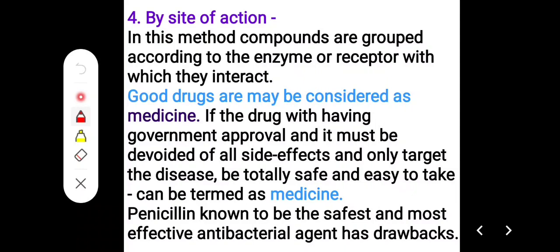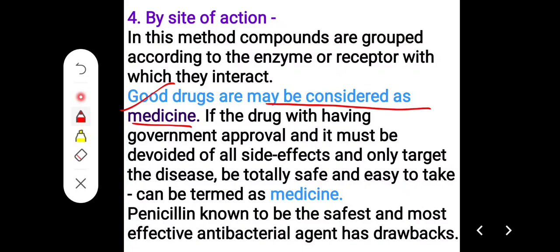Okay. Now good drugs may be considered as medicine. We already discussed that all medicines are administered forms of drugs only. So when a drug has no harmful effect, no toxicity and no side effects, fulfills all the criteria of human health, has therapeutic effect, and obviously has government approval, it is termed as medicine.